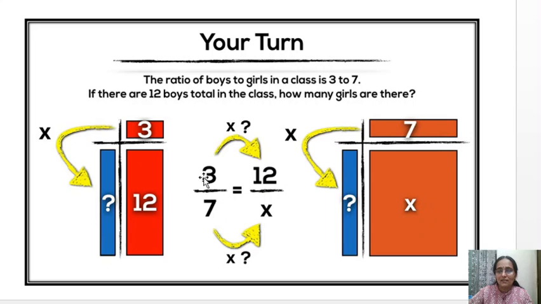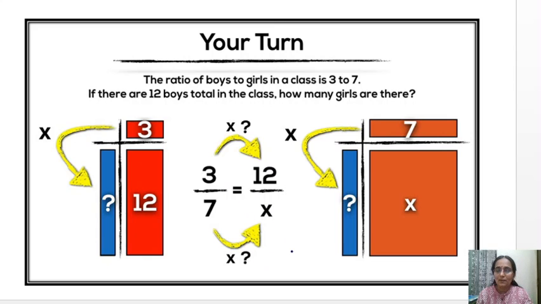3 by 7, that is the ratio of boys to girls. It is equal to the number of boys, there are 12 boys in the class. We don't know the number of girls. Let us assign x for the number of girls. But they are in equivalent ratio, so they are in proportion. We have to find out the value of x here.